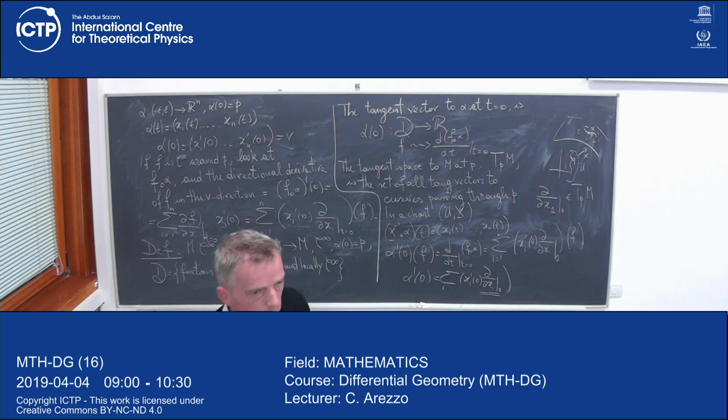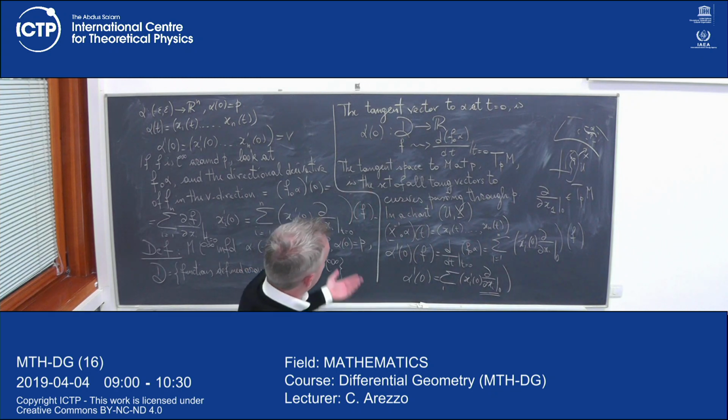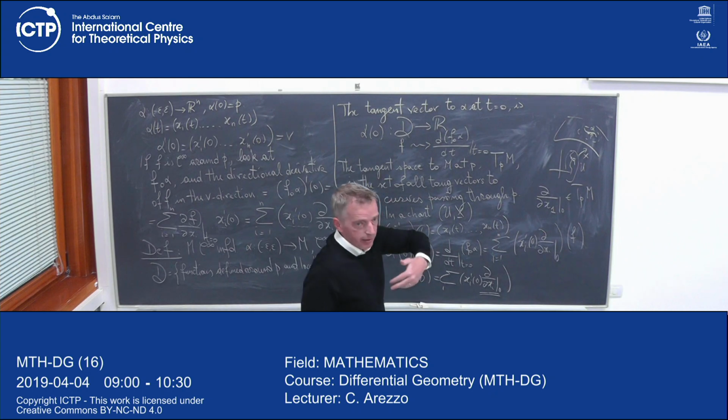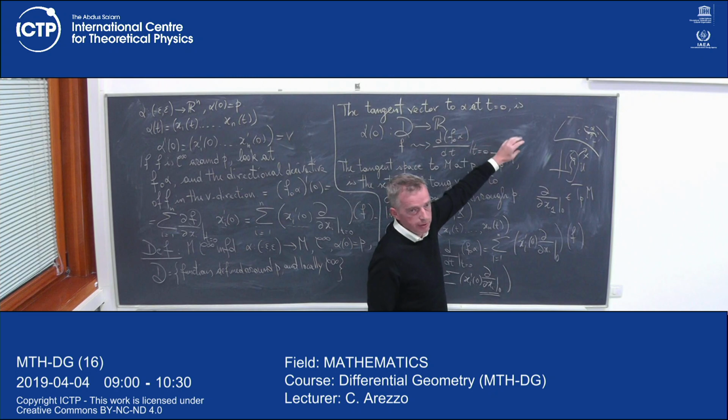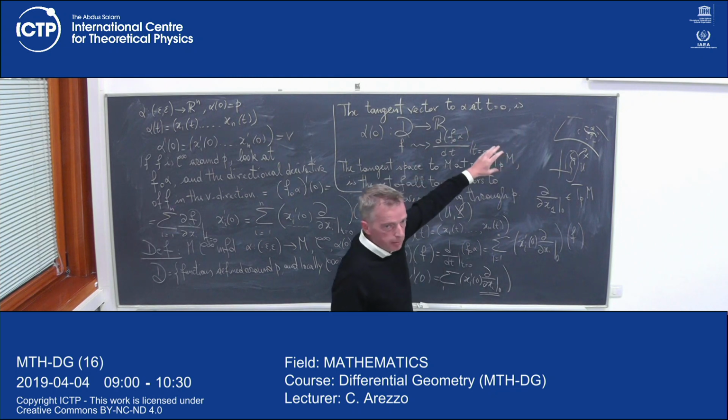I want to be able to add vectors and so on, or multiply a vector by 3. Note that this definition is very unfriendly in this respect. Suppose you take two tangent vectors, alpha prime of 0 and beta prime of 0. How do you add them? Of course, you can take this plus the derivative of f composed with beta, but this doesn't prove that this is a tangent vector.